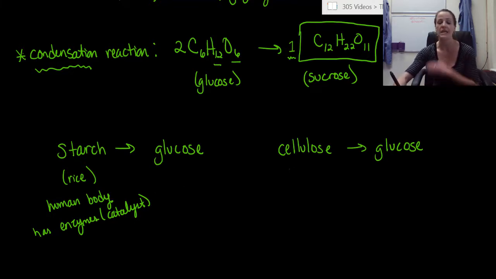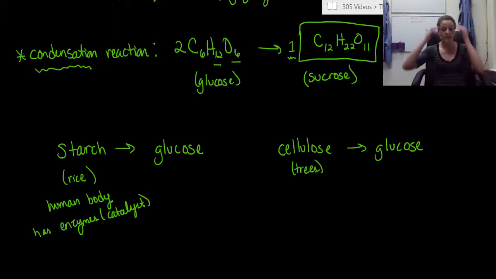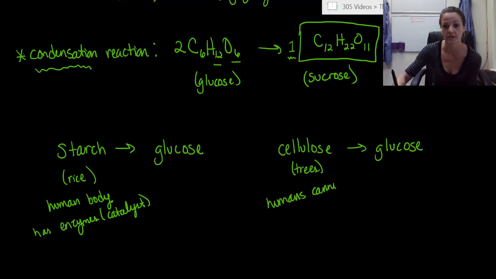However, the human body cannot break down cellulose, which is trees, right? We know this. Instinctively, we know this. If I asked you, would you rather eat a potato or a tree? You would say, I'd much rather eat a potato, because our body does not have an enzyme that can break this down. So humans cannot eat cellulose. It's not going to go over well in the human body. Don't do it.